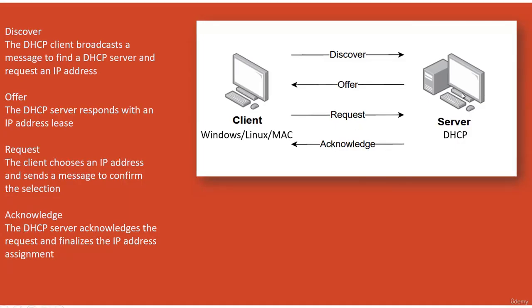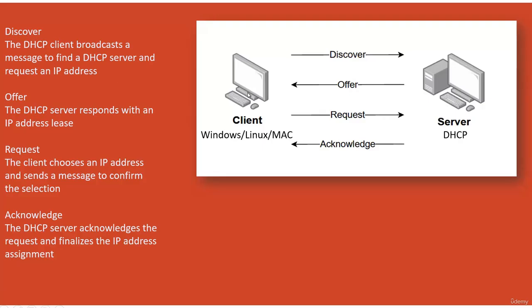And there should be a DHCP server. Once your machine is powered on, it looks for the DHCP server: discover, from here to here. You can see the arrow here. So the client will look for the DHCP server. The DHCP client broadcasts a message to find a DHCP server and request an IP address.